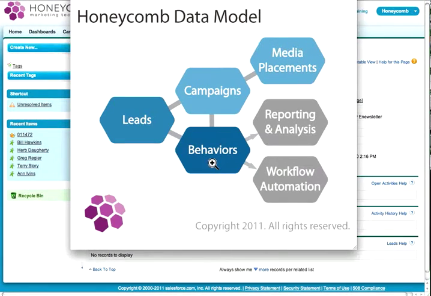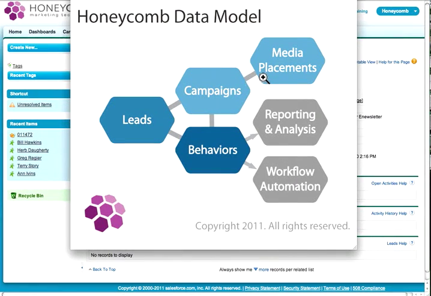A behavior can be related to a campaign, a media placement, and a lead. Every time that a behavior is created, it looks up the related campaign and media placement. The reason it does that is so that we can determine what marketing effort created the behavior. So it looks up the campaign by the campaign tracking name, and it looks up the media placement by the media tracking name.